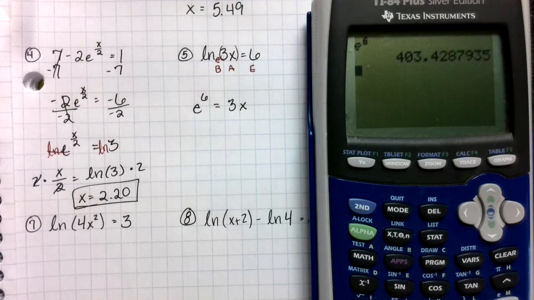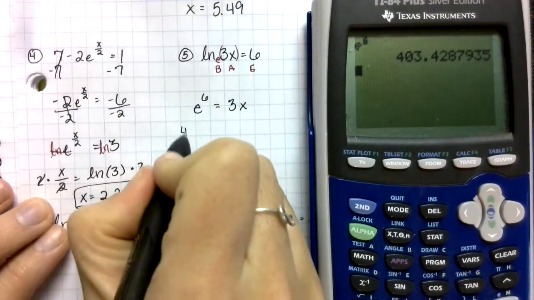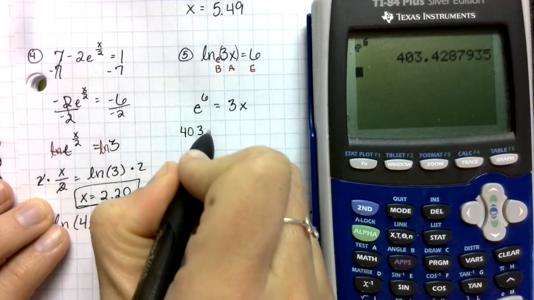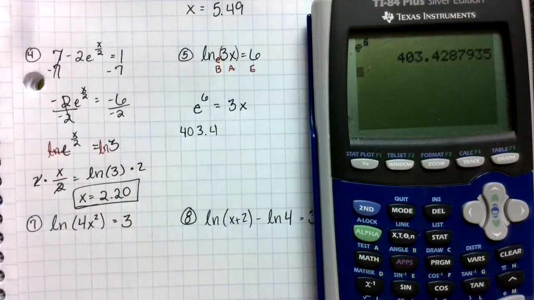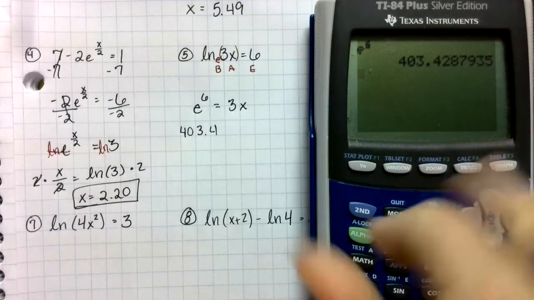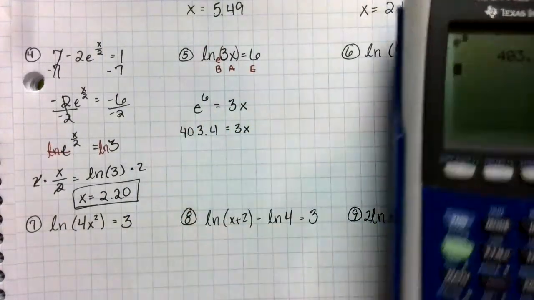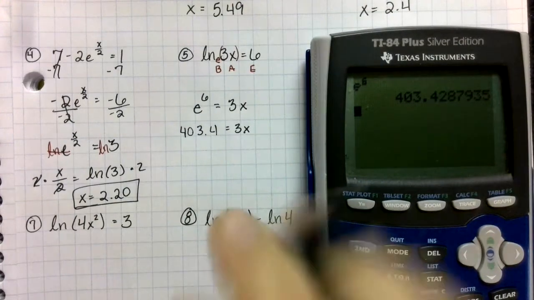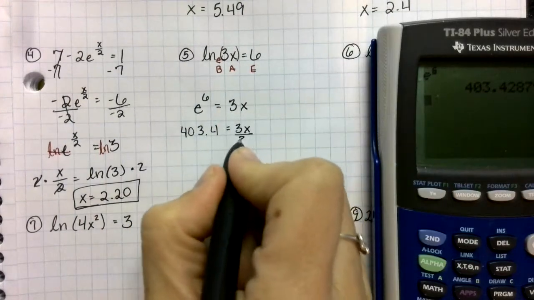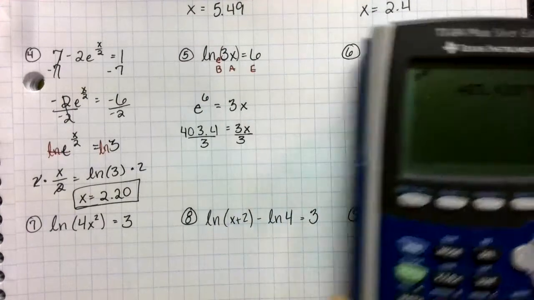I'm not going to write that down entirely because a lot of what we want to do is use the calculator so that we're not rounding. It's 403.4-ish equals 3x. So now to get x by itself, I have to divide both sides by 3.